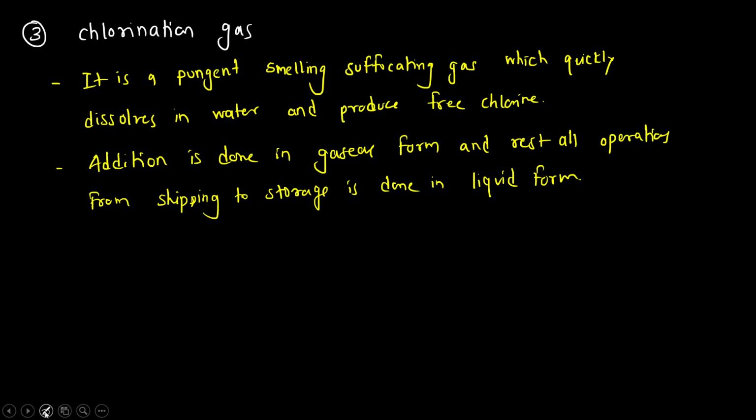Okay, so now here one important note is there, so you write it down. We have talked about the residual chlorine. This residual chlorine, when it reacts with organic substances, forms a compound called THM, that is trihalomethane. This trihalomethane is carcinogenic in nature, that is, it is a cancer causing agent.